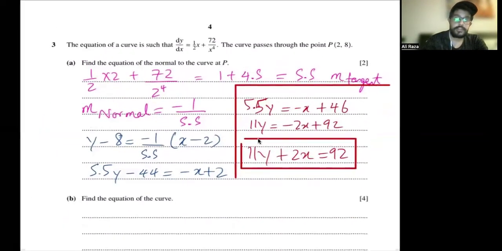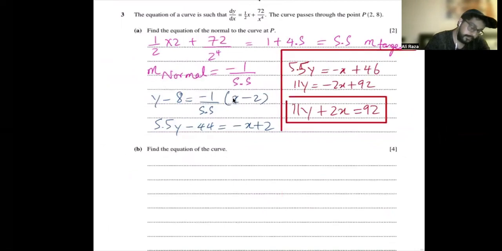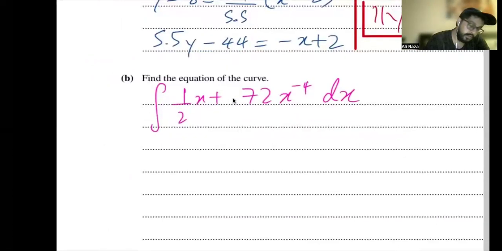Now in part B, we need to find the equation of the curve, which we can find by integration. Integrating dy by dx, which is half x plus 72 x to the power minus 4, we'll add 1 to the power and divide by the new power.